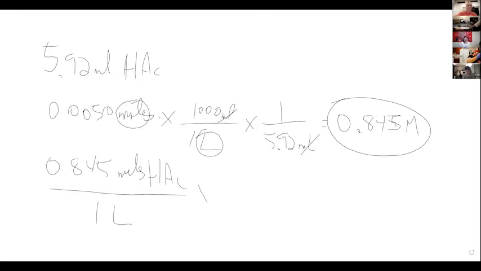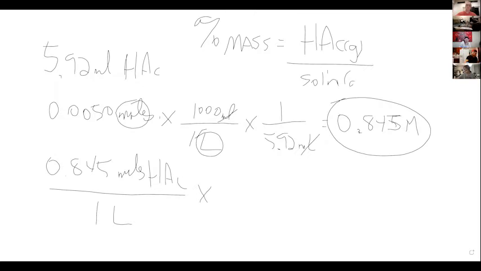So I want to do 2 things. I need to convert my liters to a mass, because basically I want the percent mass, which is equal to the mass of the acetic acid in grams divided by the mass of the solution in grams, times 100.